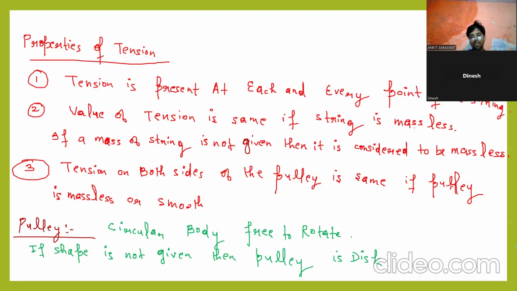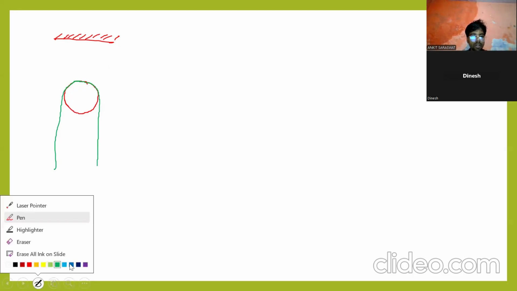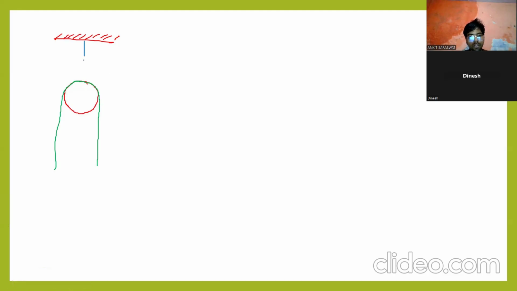Clear. Now look here at this example. If I take a pulley, pulley means circular disc, and if I take one string like this, and this is one more string, and two blocks I have attached.